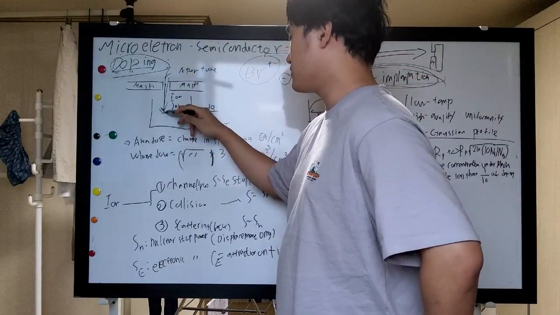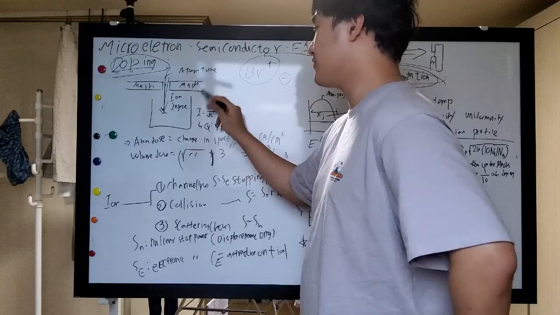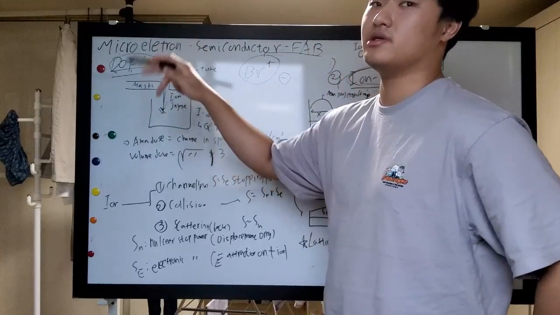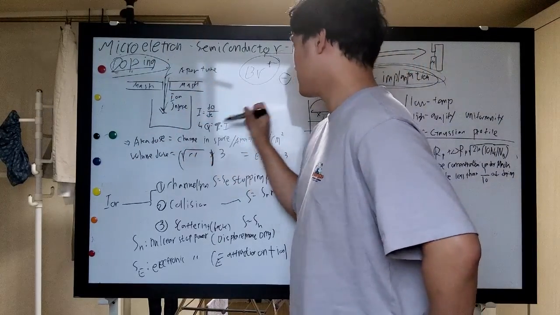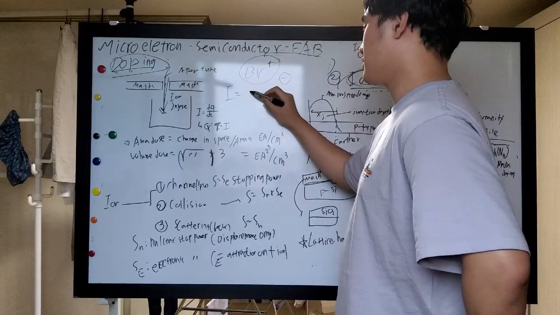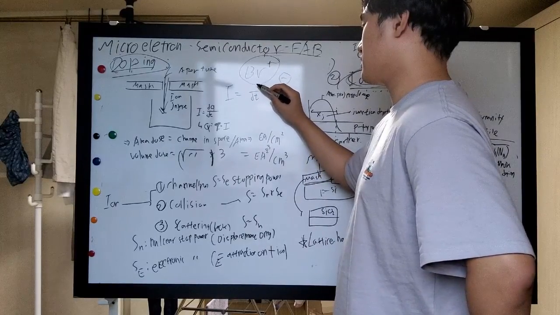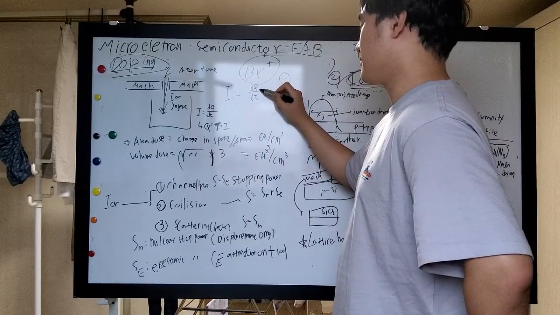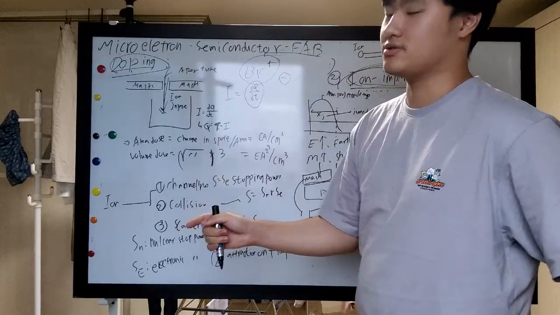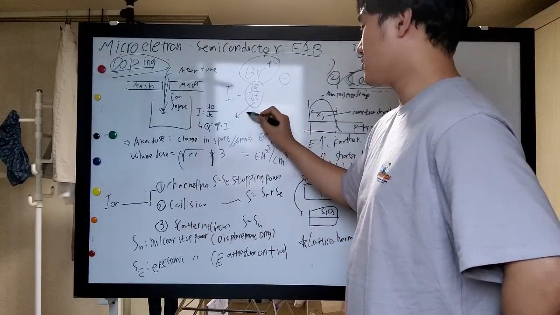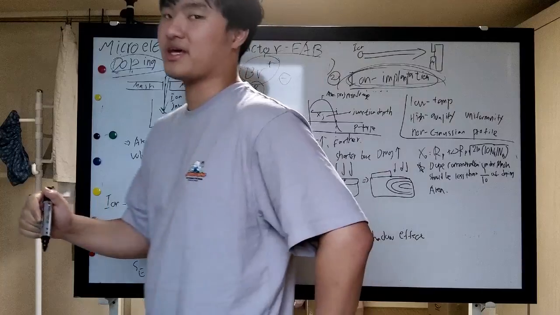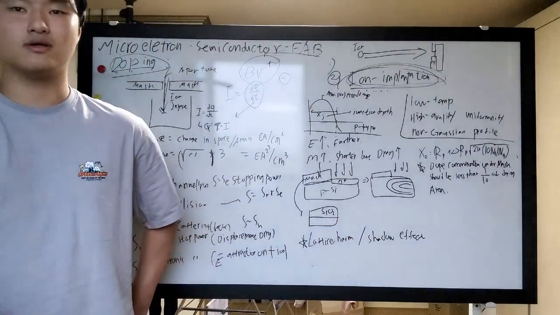So we make an aperture in the mask and check the area that receives the ion beam. We learn about the current, which is charge per unit time. Applying this, the total charge is related to the time multiplied by the current.